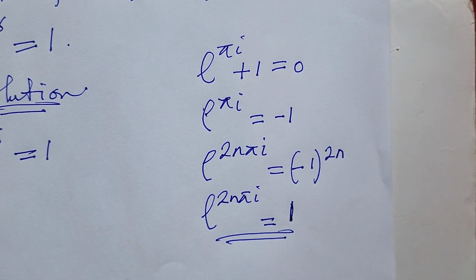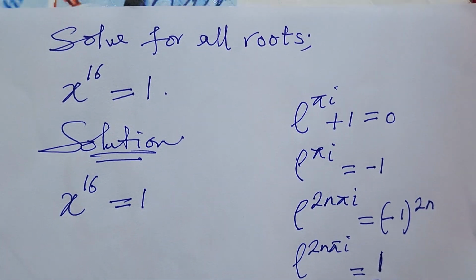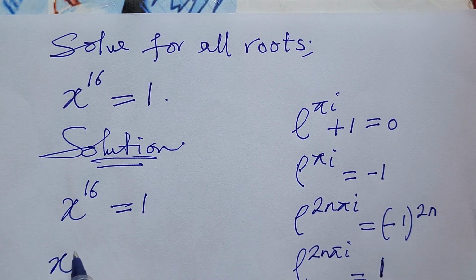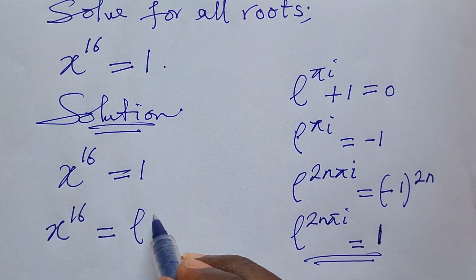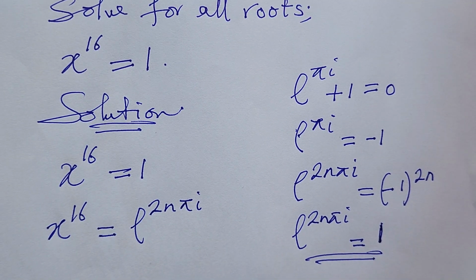So we can now bring in this quantity to replace our 1 in this equation. Thus, our equation can now be written as x to the power of 16 equal to e to the power of 2n pi i from our Euler identity.